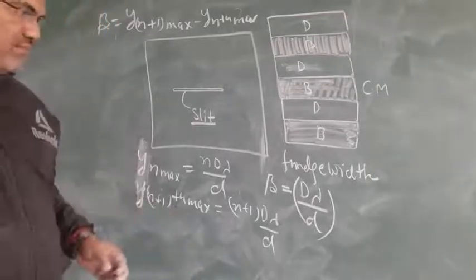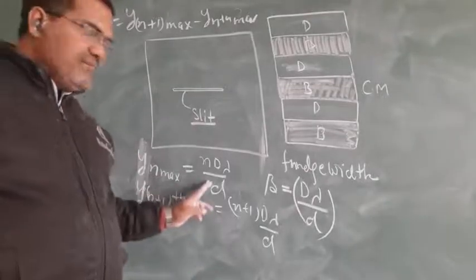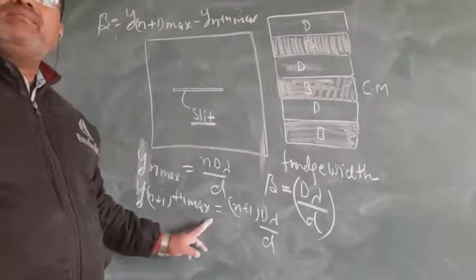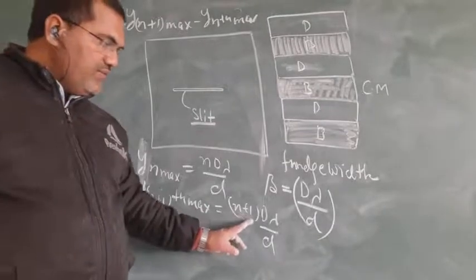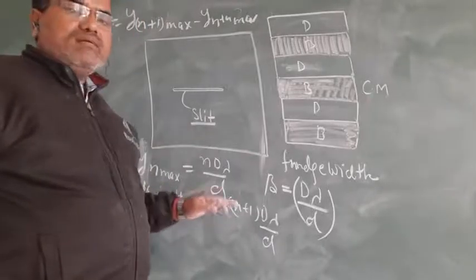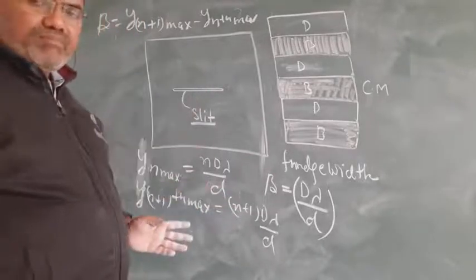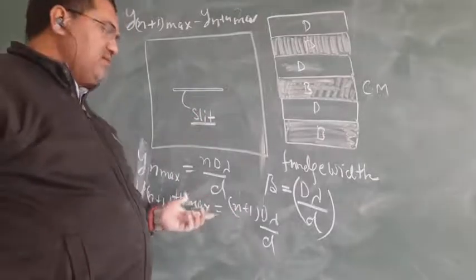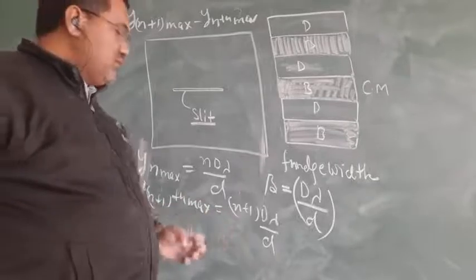Okay, this is the position of nth maxima, n d lambda by d. This is the position of n plus 1th maxima, that is n plus 1 d lambda by d. These positions are taken from the central maxima. So fringe width is the distance between two consecutive maxima or two consecutive minima.